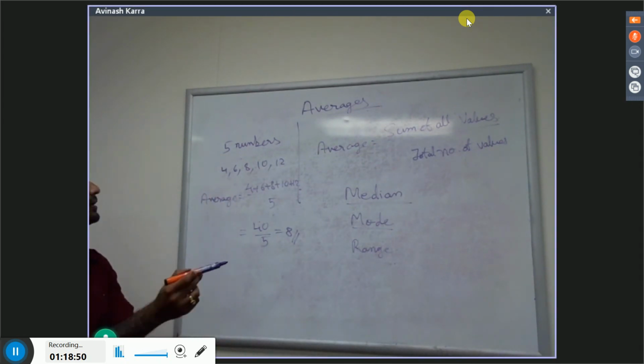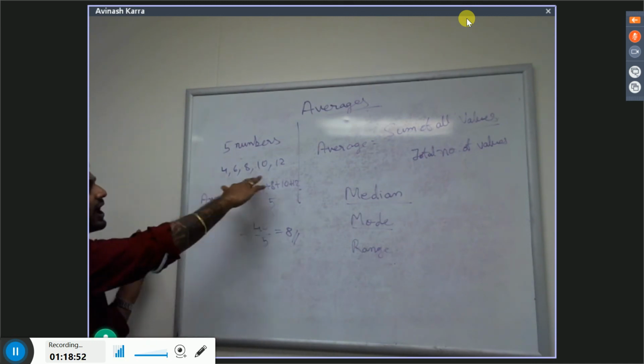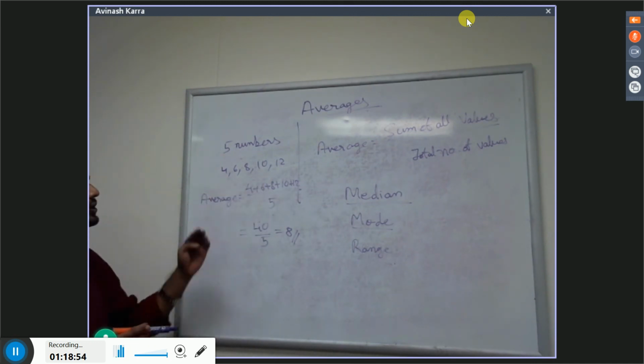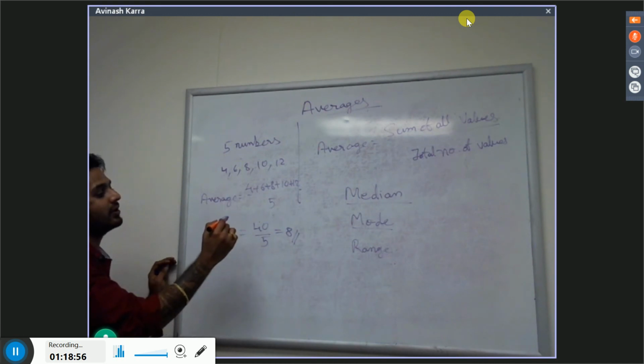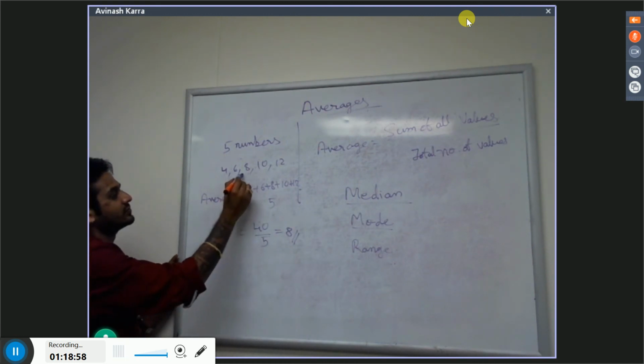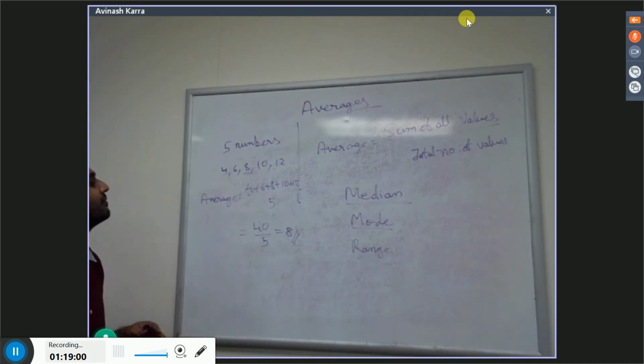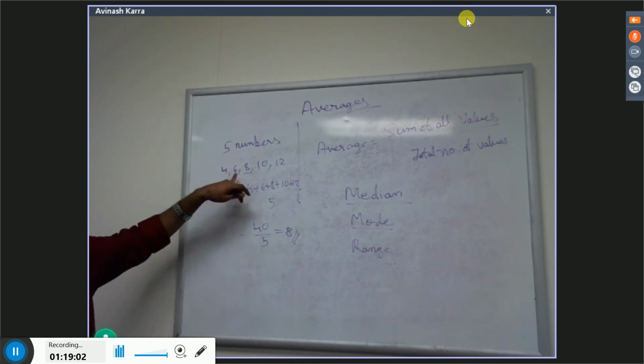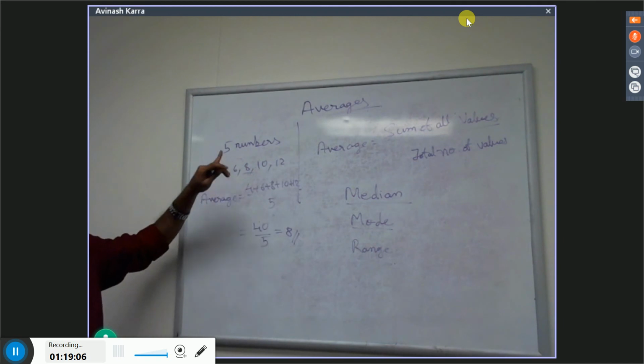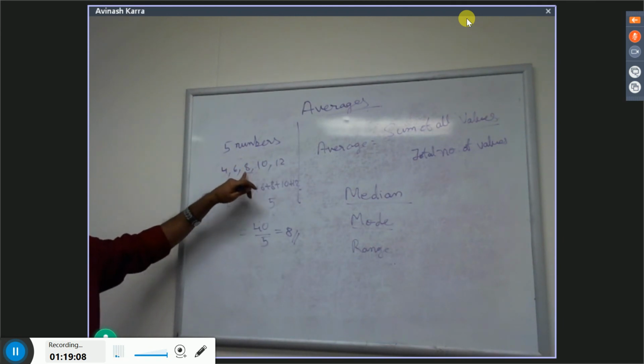Median is nothing but when you have the sequence in increasing order, the middle number is the median. How many digits are there here? 1, 2, 3, 4, 5. And what is the middle number? The third digit. It is the median.